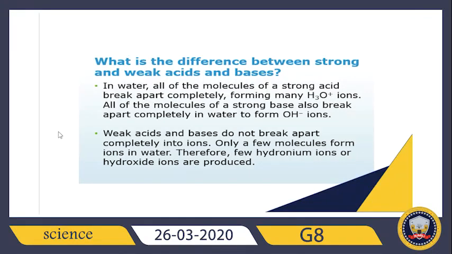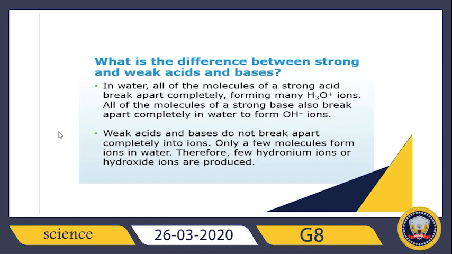So guys, the main difference between a strong acid and a weak acid is what? In strong acid, all the acid molecules, for example, let us consider hydrochloric acid, HCl, all the HCl molecules will break apart.